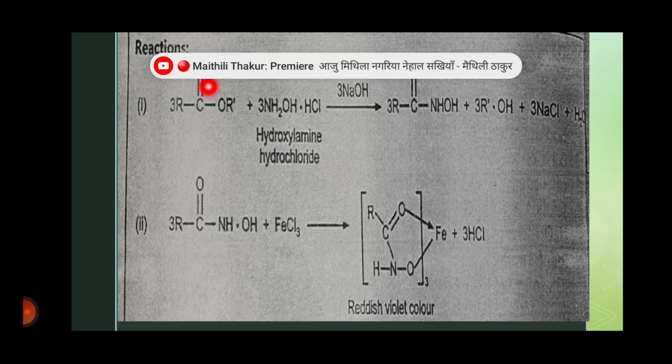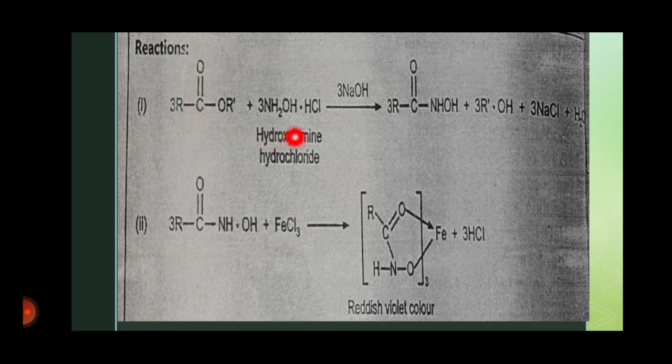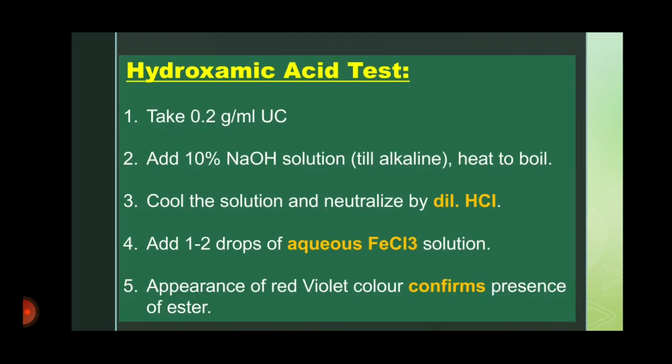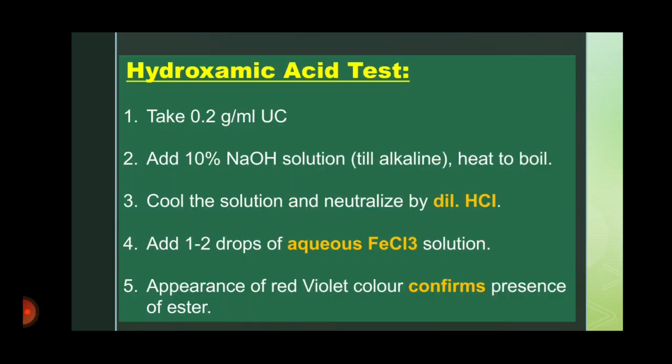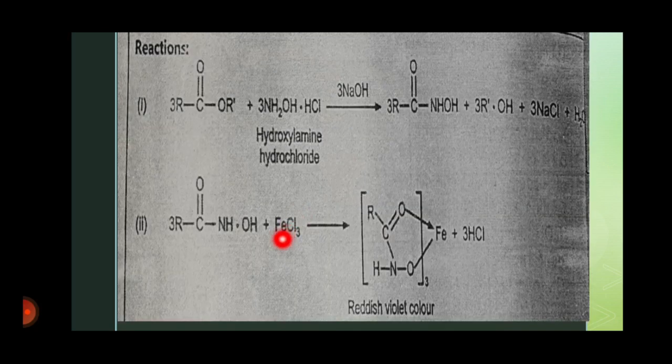This is the 0.2 gram of sample. Then we add 10% NaOH solution, and neutralize by dilute HCl, and we add 1 to 2 drops of aqueous FeCl3 to this intermediate.